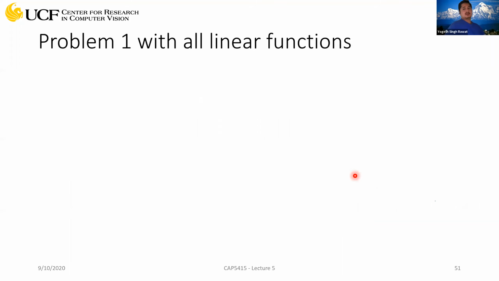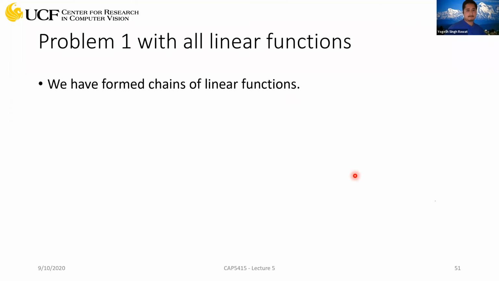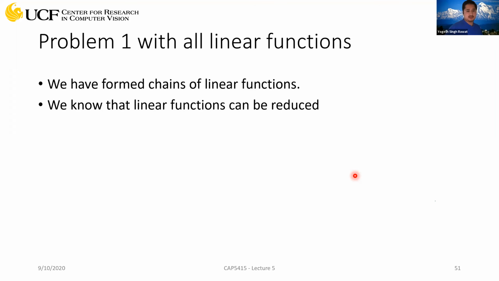Now let's see what the issue is with the neural network we have seen so far. We have seen that we can form chains of these layers of perceptrons, and what will happen is they will just be a combination like this.